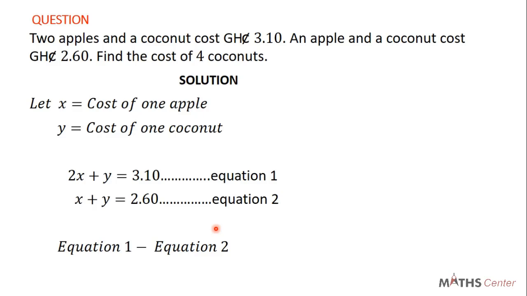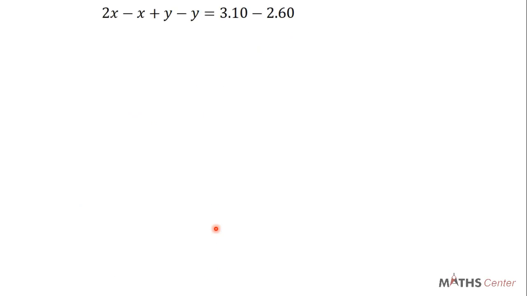I'm going to use the elimination method. So I'm going to do equation 1 minus equation 2. If I'm doing equation 1 minus equation 2, we will have 2x minus x plus y minus y is equal to 3.10 minus 2.60. This is going to give us x is equal to 0.50.